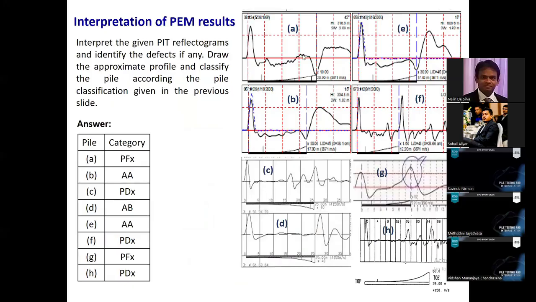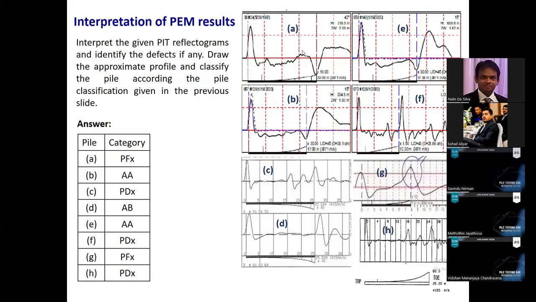this can be due to the presence of a weak soil layer, right? Maybe along this length, the pile is passing through a hard layer, and suddenly there's a weak layer. As a result, there's a tensile response up to a certain length.